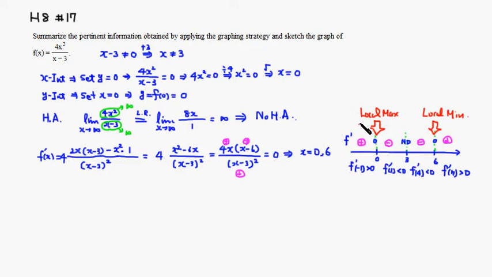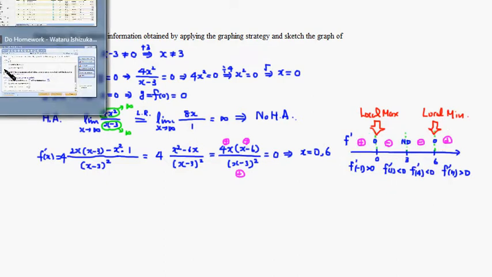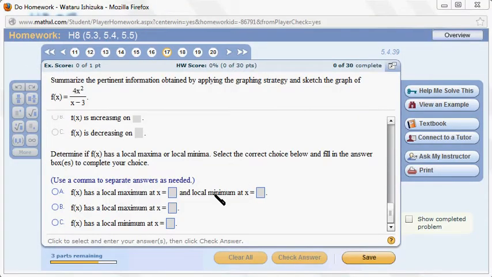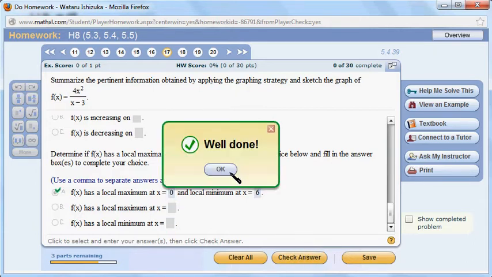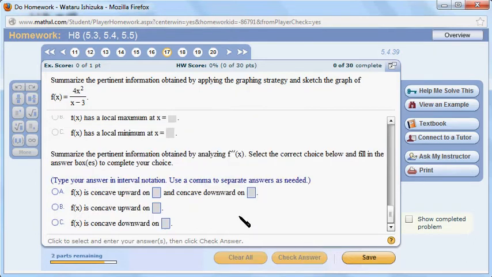So local max at 0, local min at 6. Let's go back. Local maximum at 0, and a local minimum at 6. Let's check that. All right, got that.